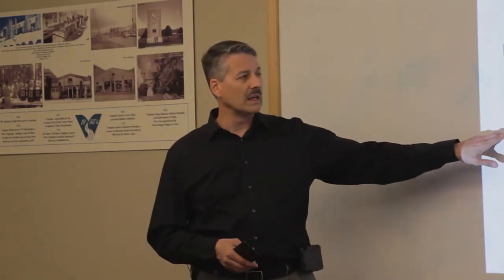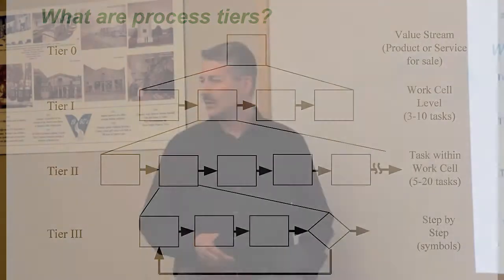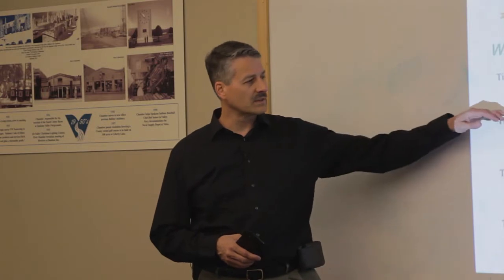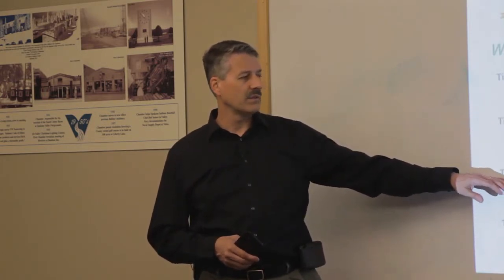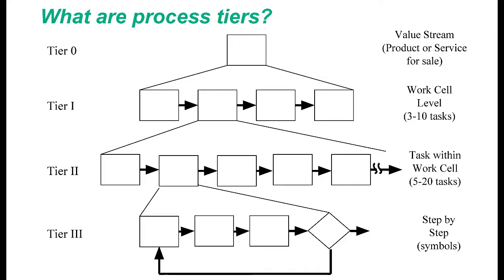Dropping down a level, we'd usually map that process in like 10 to 12 tasks. I know that says 3 to 10 on there, but I usually try to keep it under a dozen at this level. And then if you need to blow that out farther, you could take one of those process steps and blow it out farther.